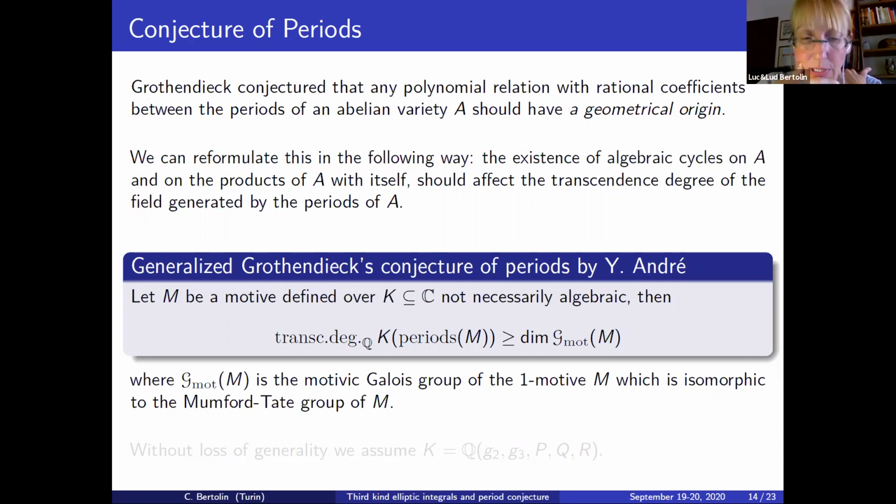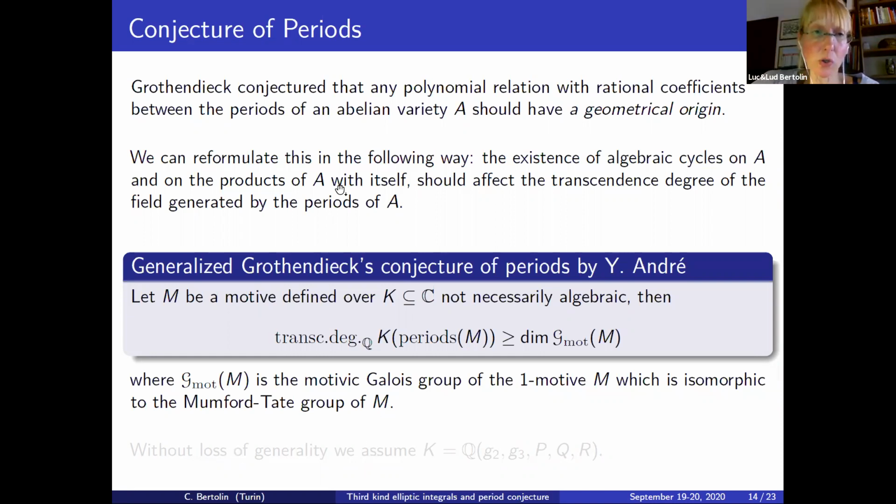What is important here is that the transcendence degree of the periods of M is really related to the dimension of a group scheme, which is related to the presence of algebraic cycles on M.